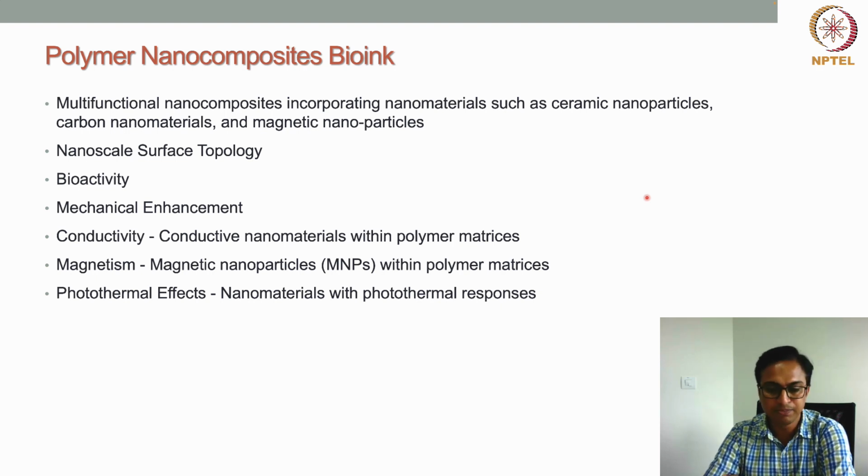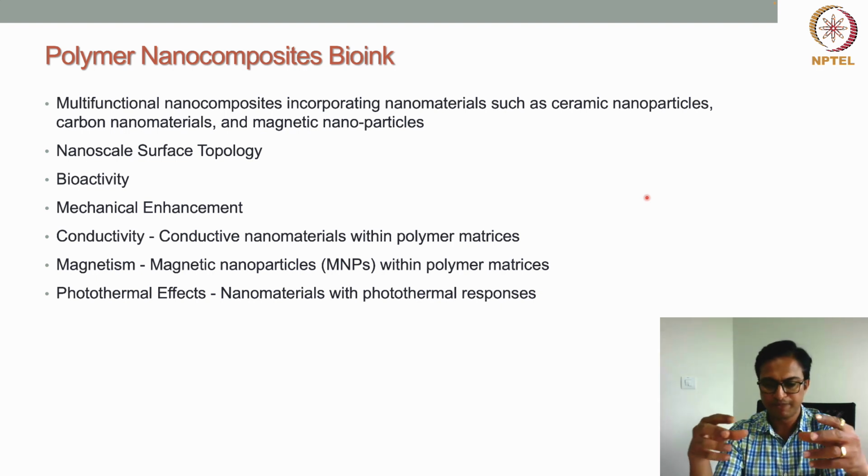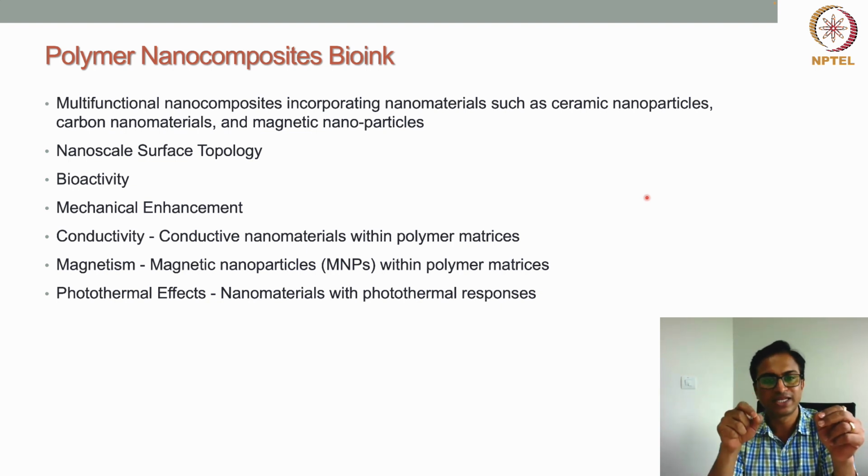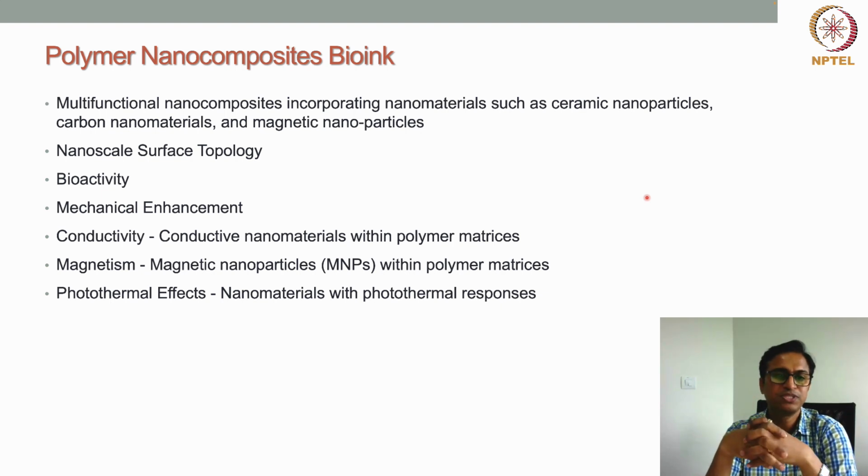Suppose we have a hydrogel biomaterial, a hydrogel bioink, by which we can make structures. Now if we also incorporate nanoparticles or nanomaterials, those nanomaterials can improve the surface topology.